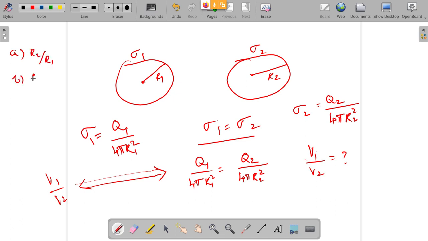B is R1 over R2. C is R2 over R1 whole squared. And D is R1 over R2 whole squared. These are the four choices. Tell me the correct one. Which one, Kiran?